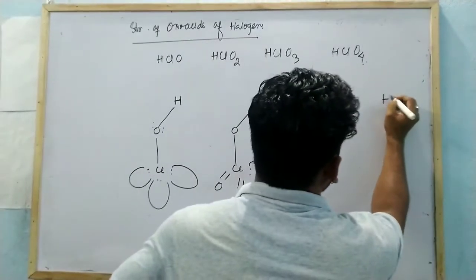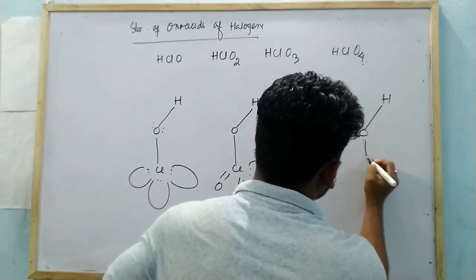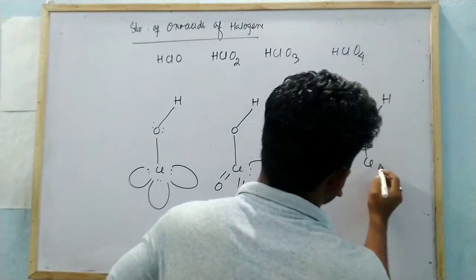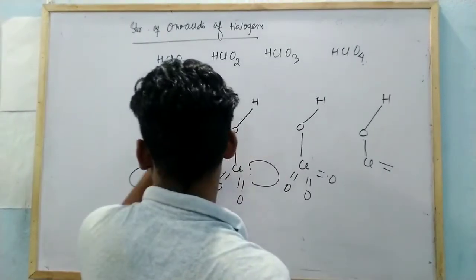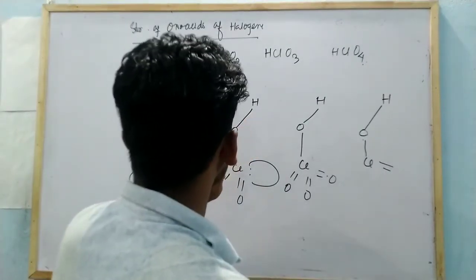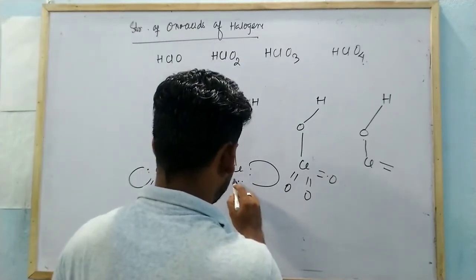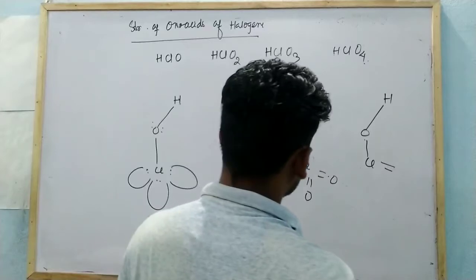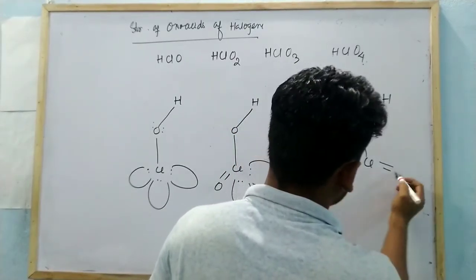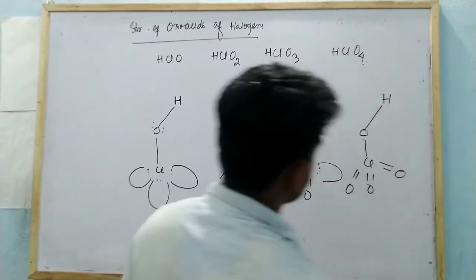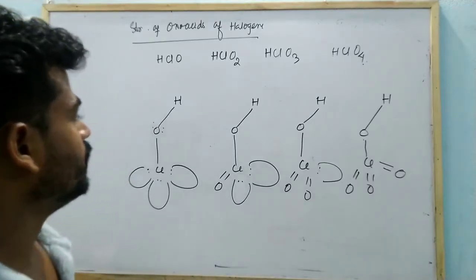Next, HOClO2, 1 lone pair is here, and double bond O, double bond O, double bond O. See, these are the oxoacids of chlorine.